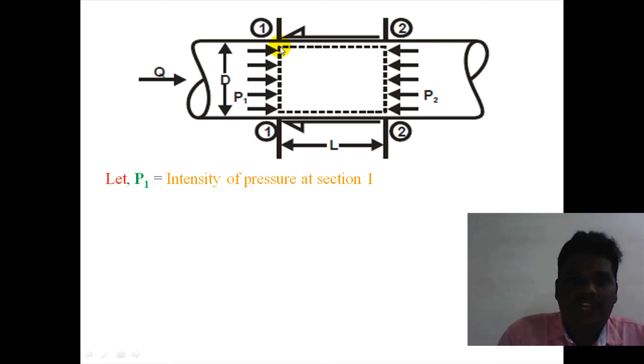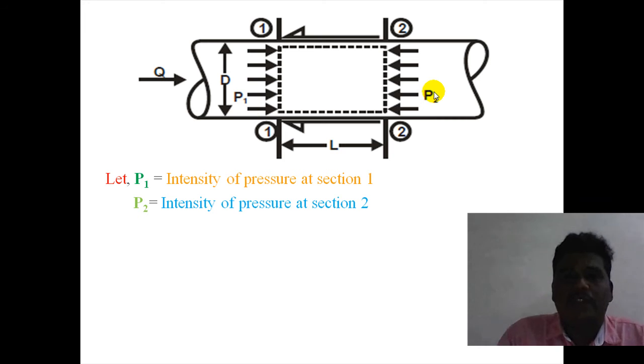This is the wetted area where the water is flowing, over a length L. Now sections 1 and 2 have pressures P1 and P2. Pressure P1 acts in the forward direction and P2 acts in the opposite direction, by Pascal's law.